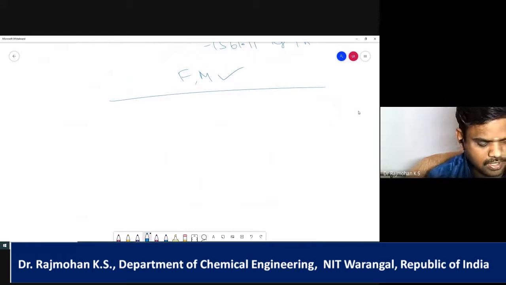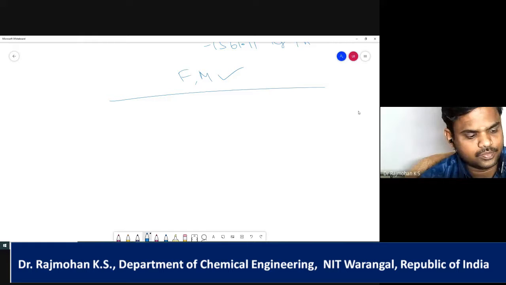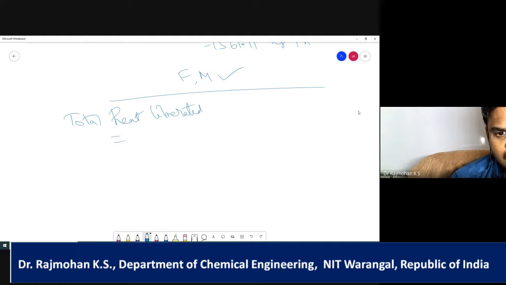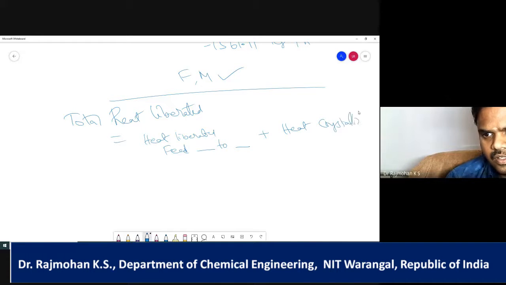If you proceed to get the energy balance, what to do? You have to find out the total heat liberated. That formula you remember. Total heat liberated is equal to the heat liberated by reducing the temperature of the feed from the given temperature to this temperature, plus the heat of crystallization, right?